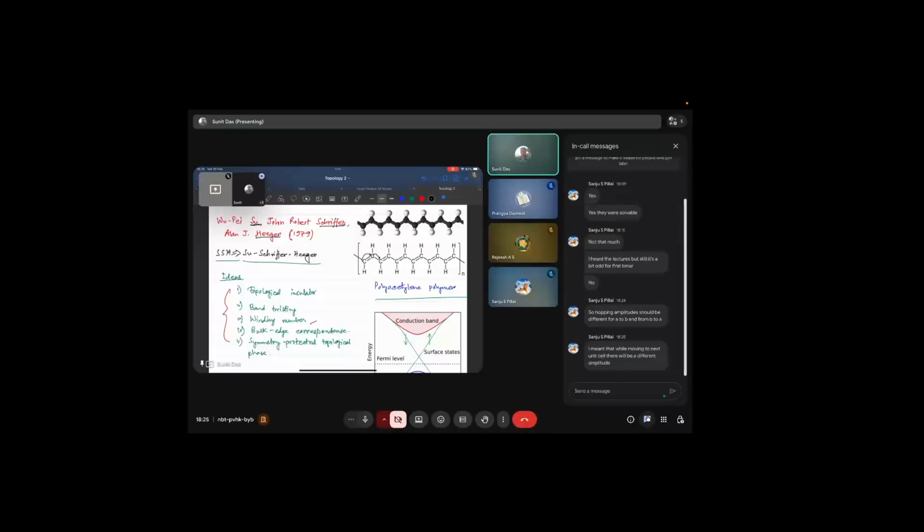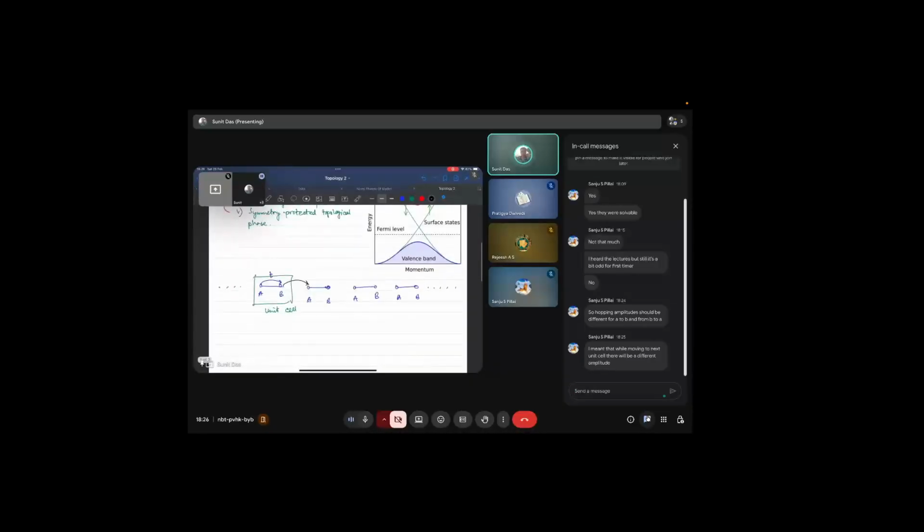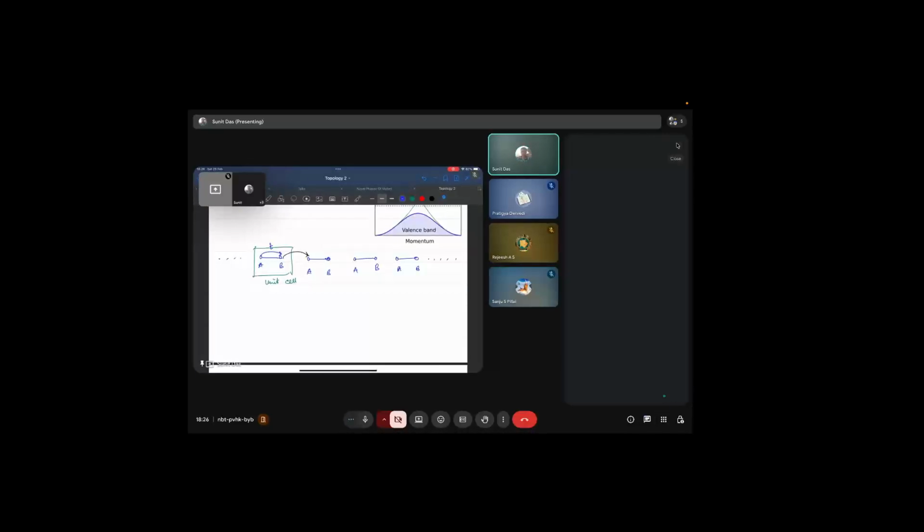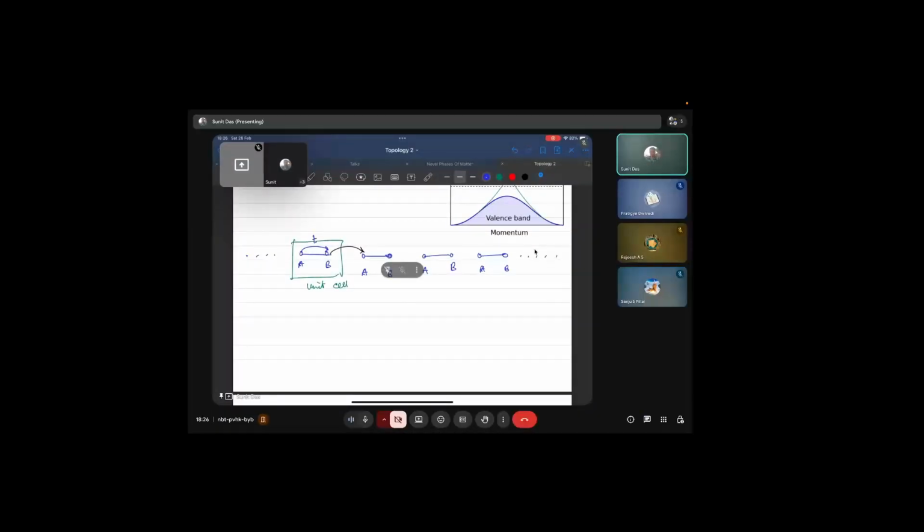So if you are hopping to another unit cell, it can be different. Otherwise, for all practical purposes, we will not consider it. We'll come to this particular different hopping later.